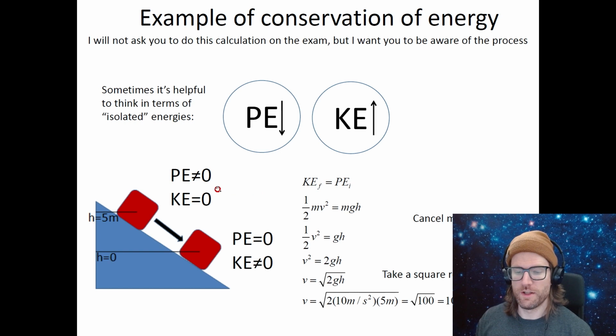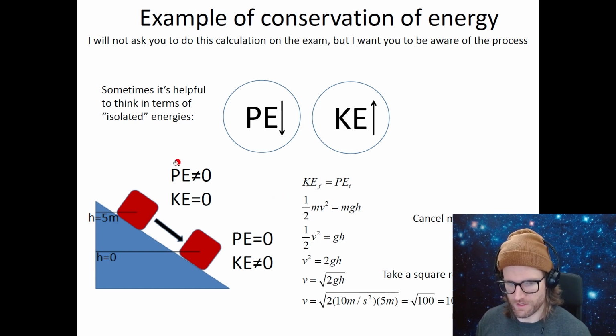So the total energy before is equal to the total energy after, and the initial energy is just potential energy, and the final energy is just kinetic energy. So kinetic energy final equals potential energy initial. We know the formula for that, 1/2 mv squared. We know the formula for that, mgh. And then we can cancel the m's.